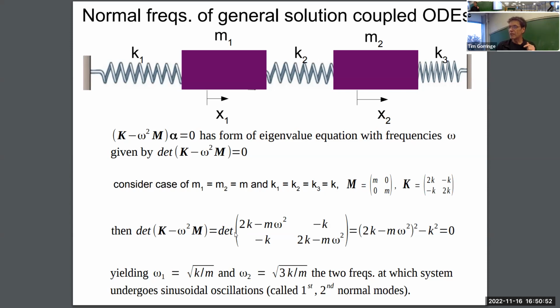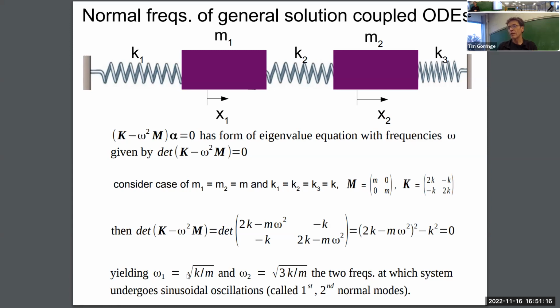And if I take the determinant of that, so the product of the diagonal minus the product of the off-diagonal, I get this little expression here. And if we solve this quadratic expression for omega, there are two solutions.